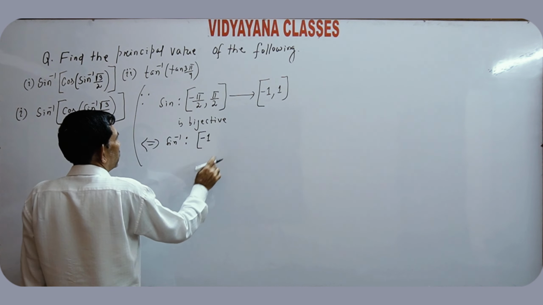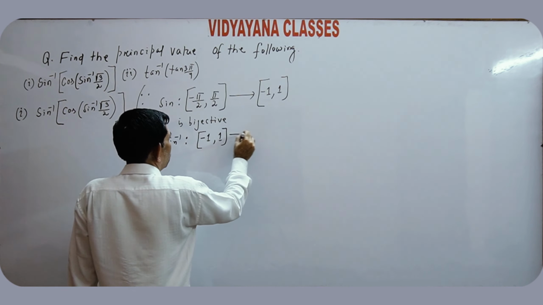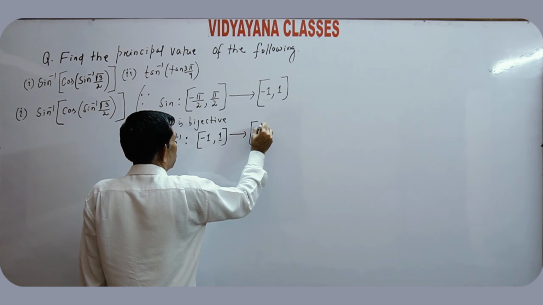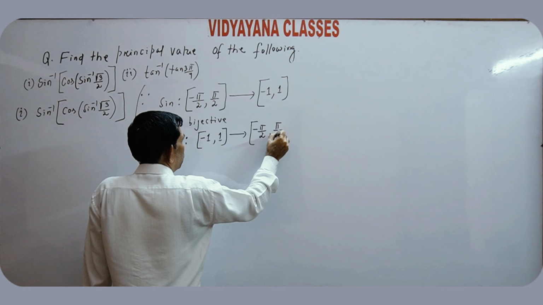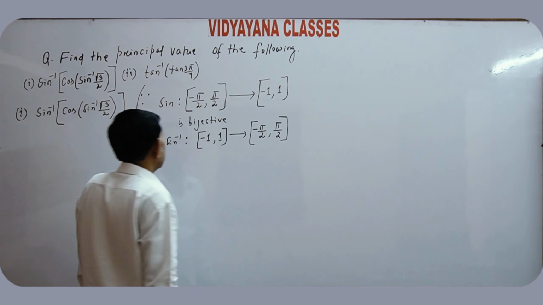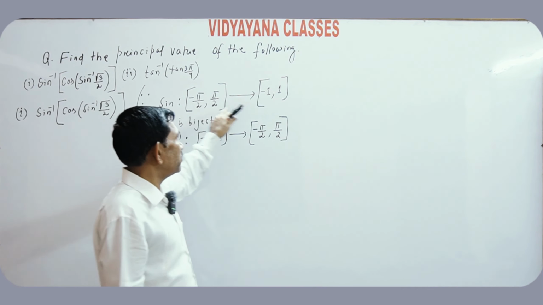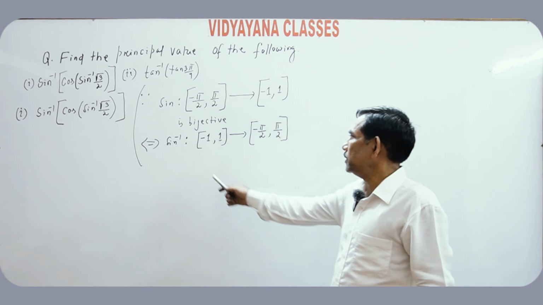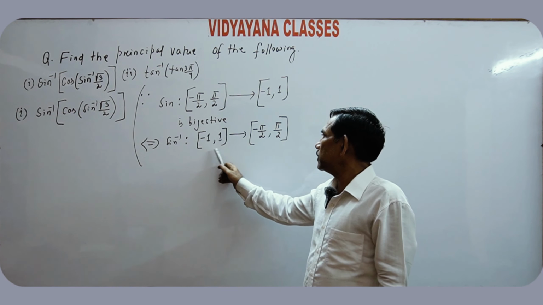Sin inverse is defined from [-1, 1] to [-pi/2, +pi/2]. Since the sin function defined from this set to this set is bijective, its inverse exists, and sin inverse is defined from this set to this set.